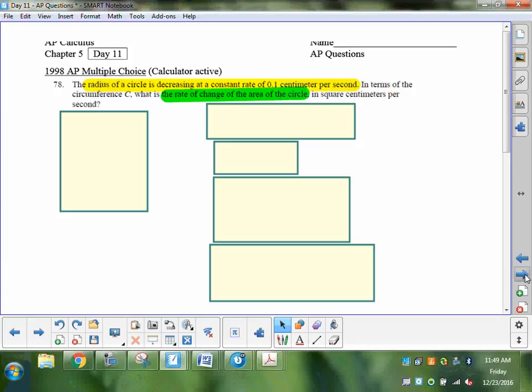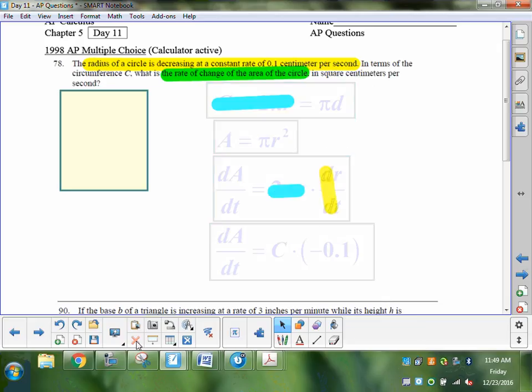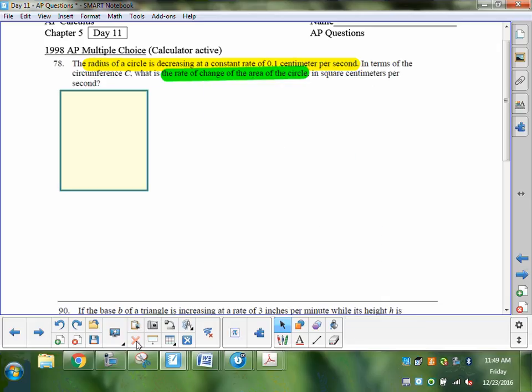If you need it, it's available to you. So to read what's there, understand that on the AP you have 2-ish minutes, 2.5 to answer this.